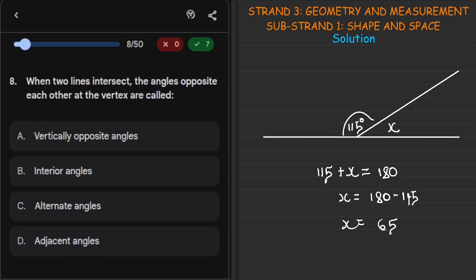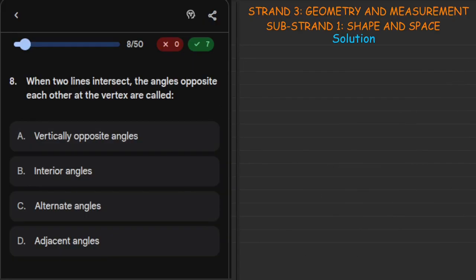Question number 8. When two lines intersect, angles opposite each other at the vertex are called what? When we have two lines like these, four angles are formed.